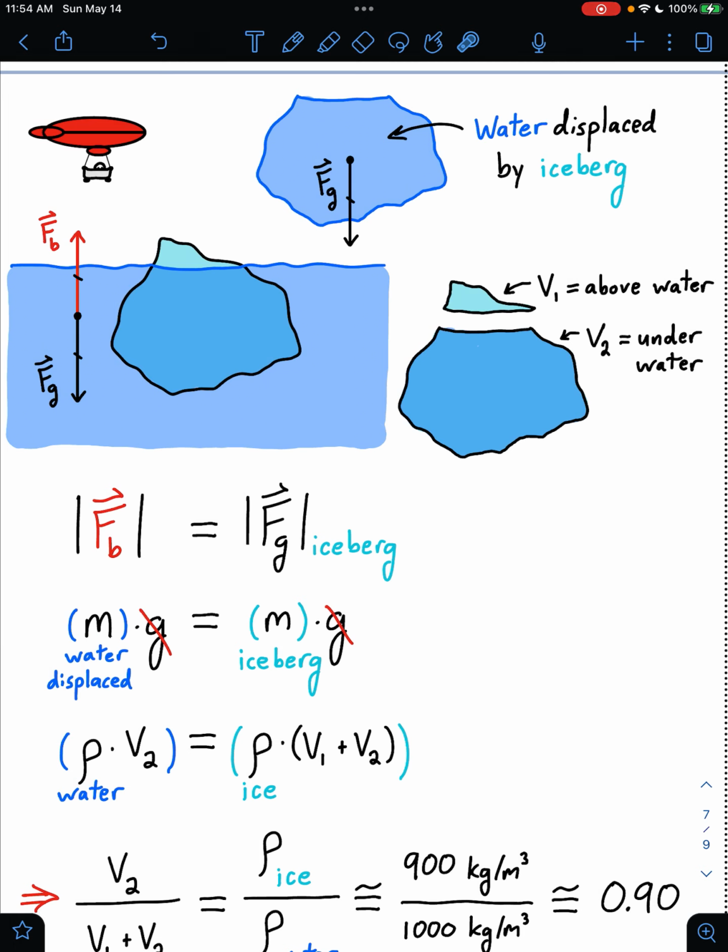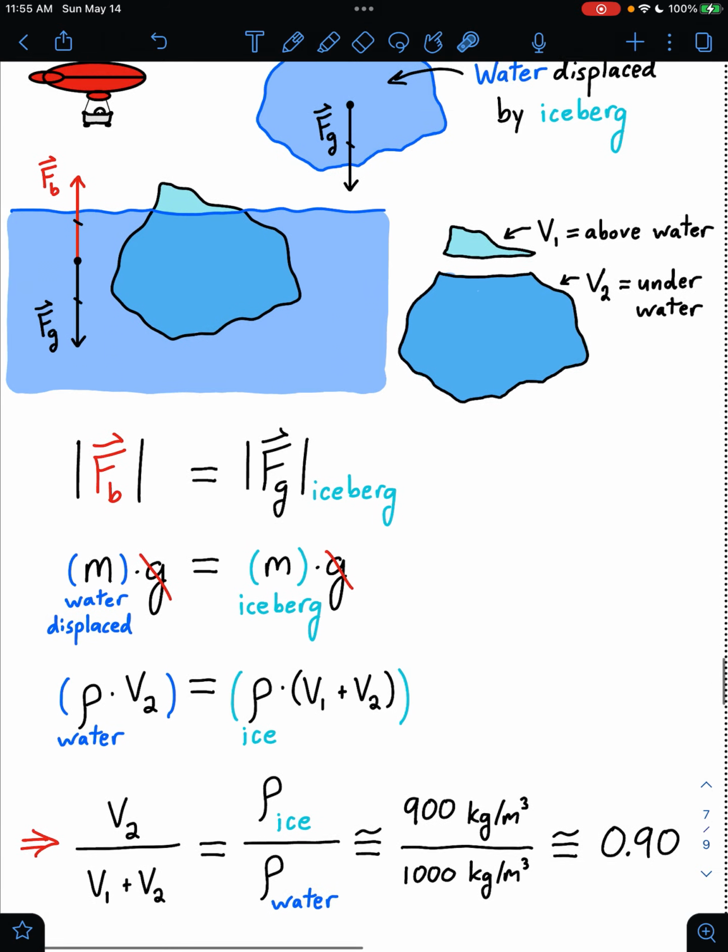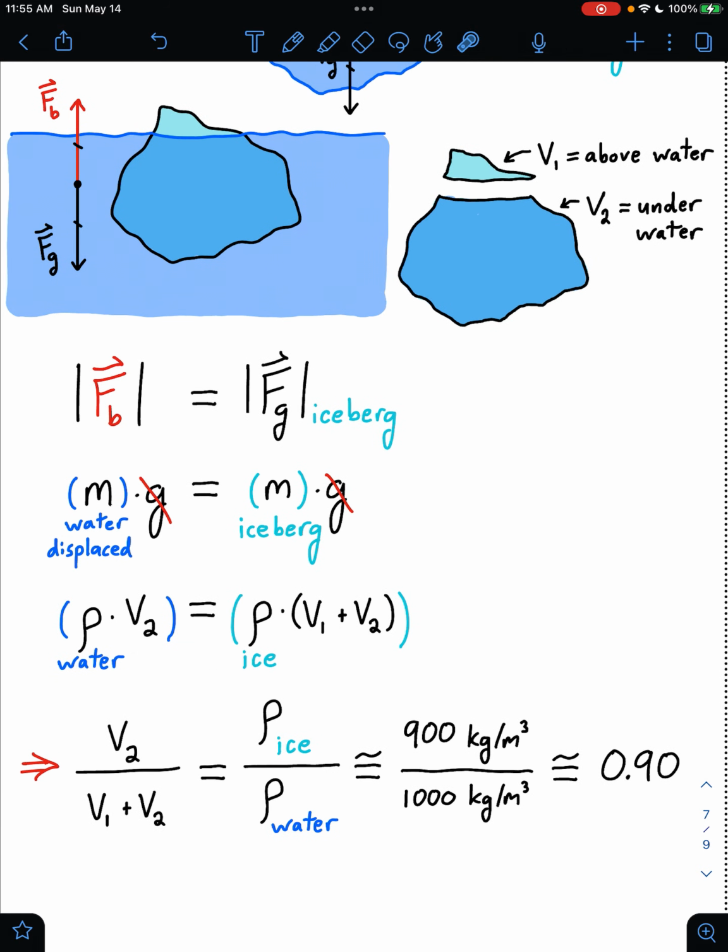and replace the masses with densities times volumes. So the mass of water displaced is the density of water times the volume of water displaced. That would be V2, the volume of iceberg that is under the water. Then the total mass of the iceberg is the density of ice times the total volume of the iceberg, V1 plus V2. Rearranging that, we'll get V2 over V1 plus V2.